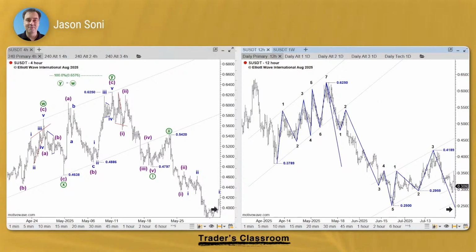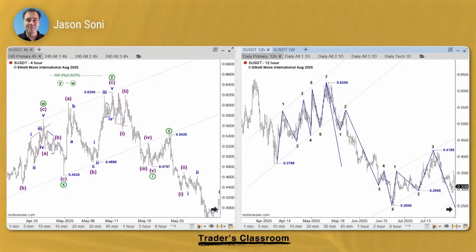And then as I started to dig into the structure of the move from 37.89 into 62.50, I noticed that it was clearly showing 7 swings. I didn't even need to force the move as a 7-swing move. It's standing out as a 7-swing move. And generally speaking, when something is obvious, it's probably a good idea to go with the more obvious pattern.